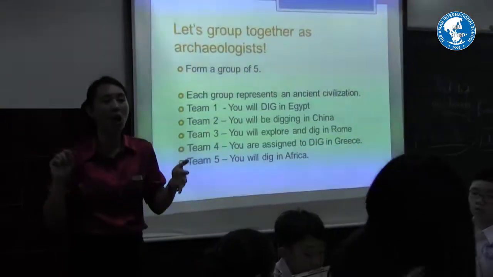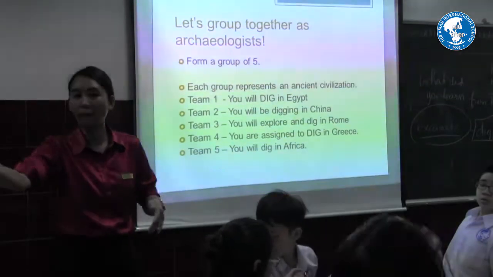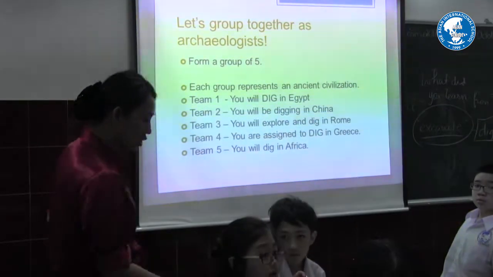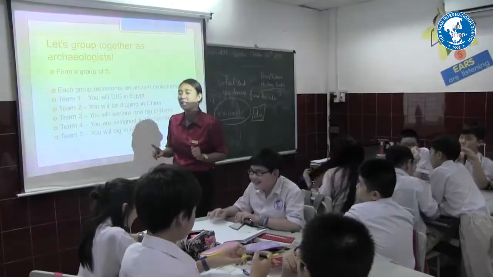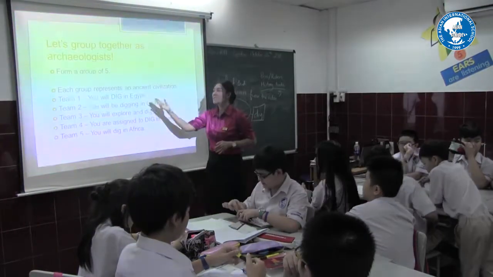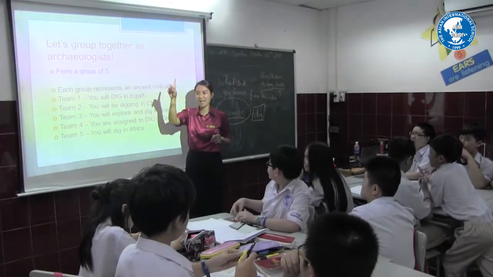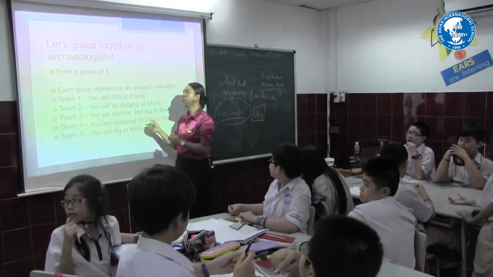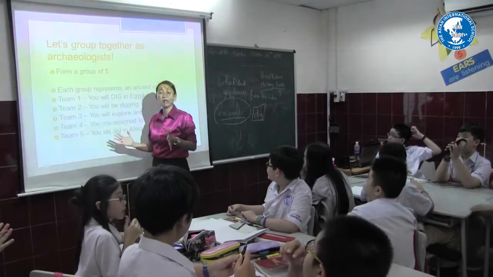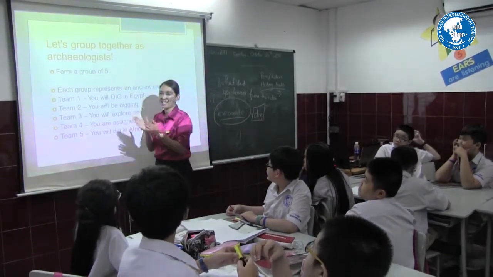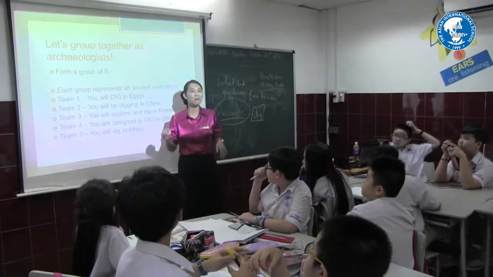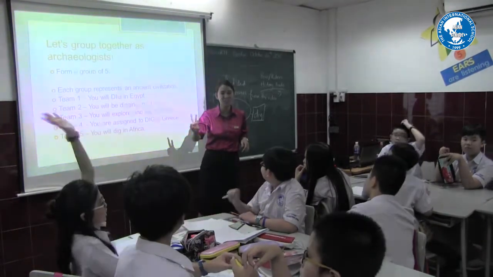Ruler and your pen. 1, 2, 3, 4, 5. Stand up. Okay, here's what you're going to do. Team 1, raise your hand. You are going to be the team of archaeologists who will be digging in Egypt. Yay, Egypt. And team number 2, where's team number 2?